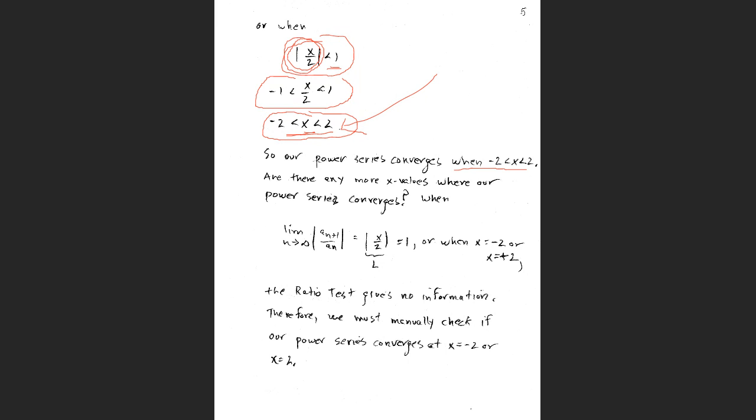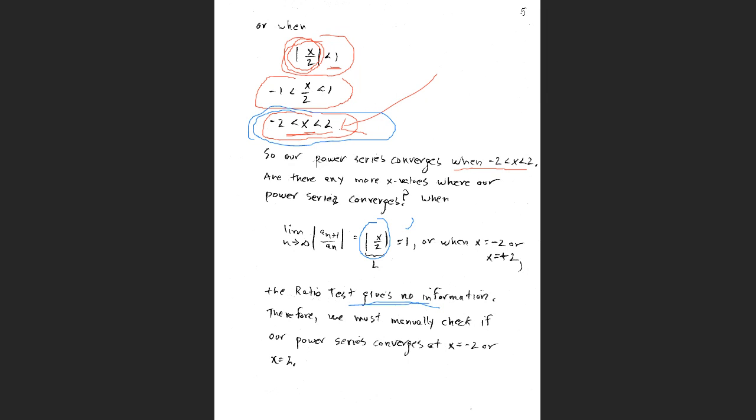That's right. But we're not done yet, because if the common ratio, in this case the absolute value of x over 2, equals 1, then the ratio test gives no information.